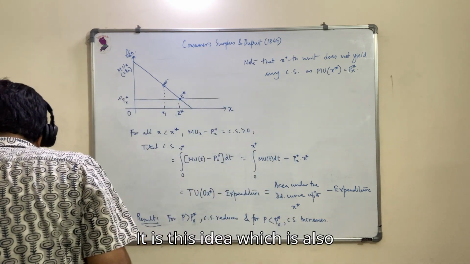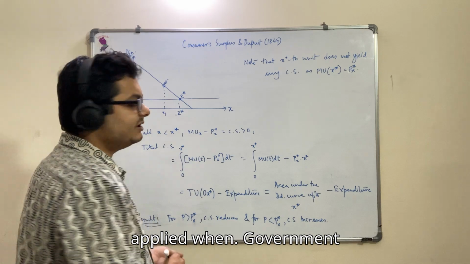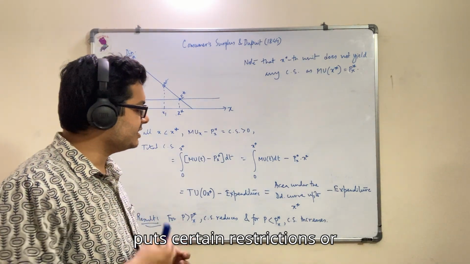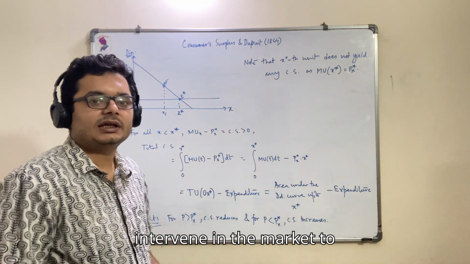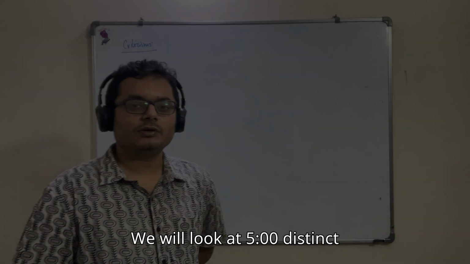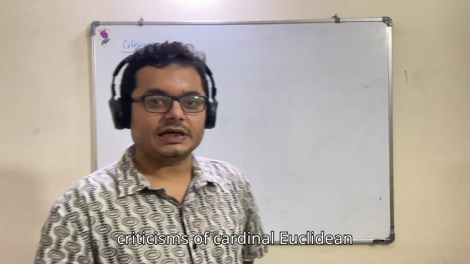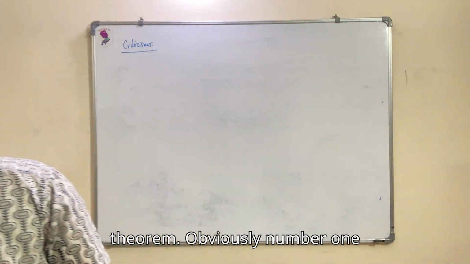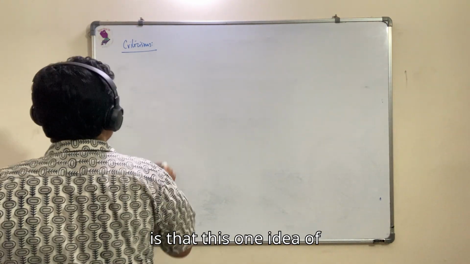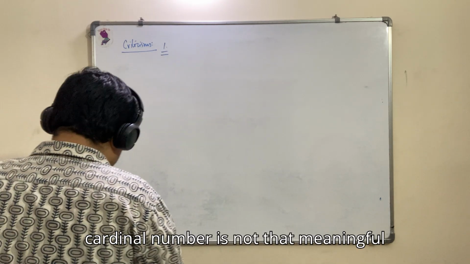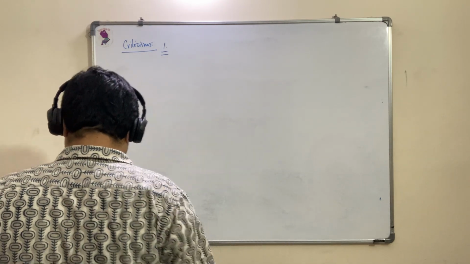It is this idea which is also applied when government puts certain restrictions or intervenes in the market to get the desirable outcome. We will look at 5 distinct criticisms of cardinal utility theory. Obviously, number 1 is that this whole idea of cardinal number is not that meaningful.